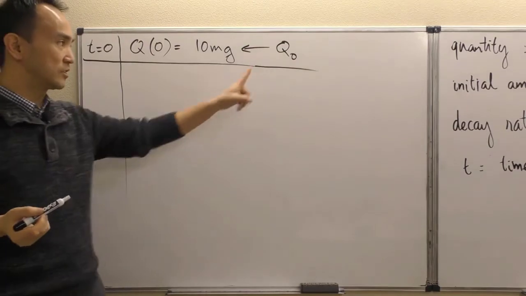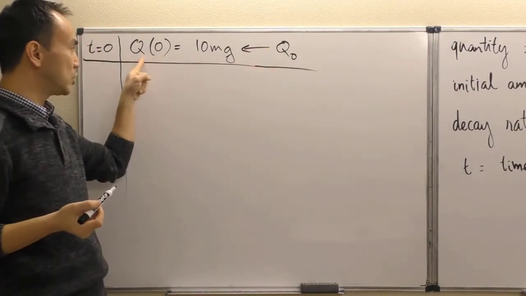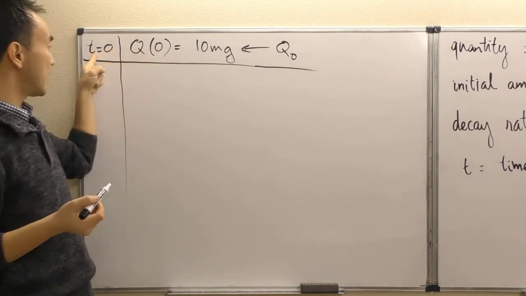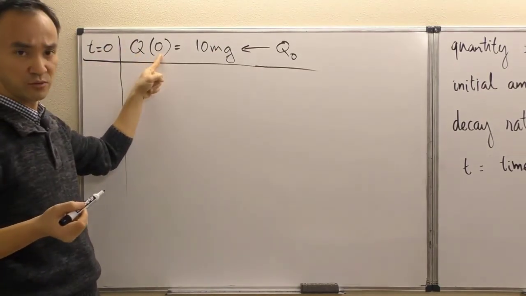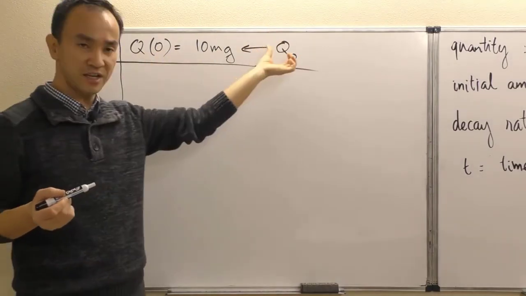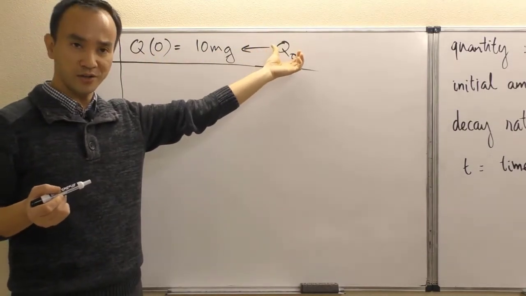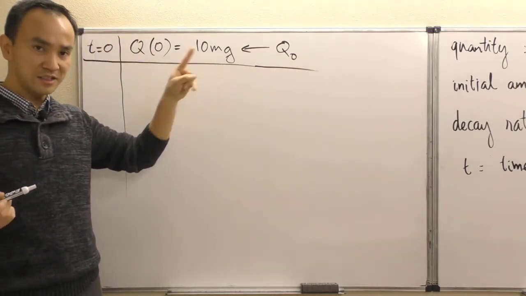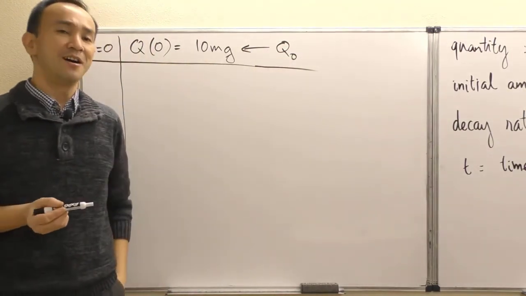As a general notation, we can call it Q of 0, indicating that if it's a function, then it's the function at time equals 0. But we can also use a shorter symbol, Q sub 0. The actual quantity here is 10 milligrams at the start.